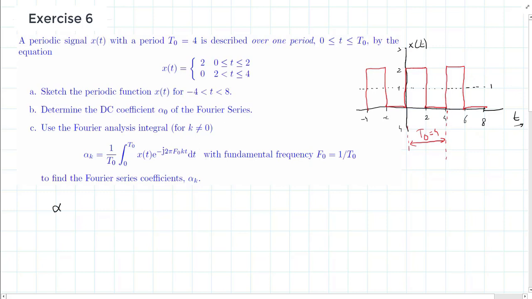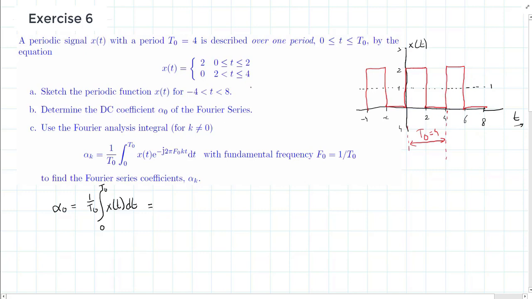So alpha 0 is equal to, if we take the integral from 0 to T0, so if we take the integral over one period of the signal of x of t dt, and we divide that by the length of that period, we will simply get the average value.